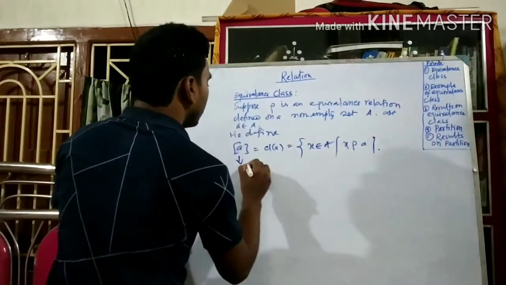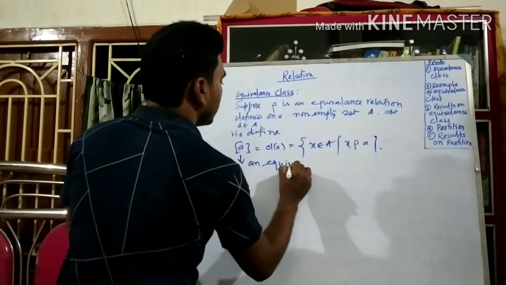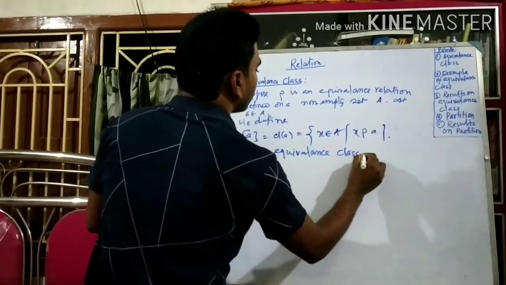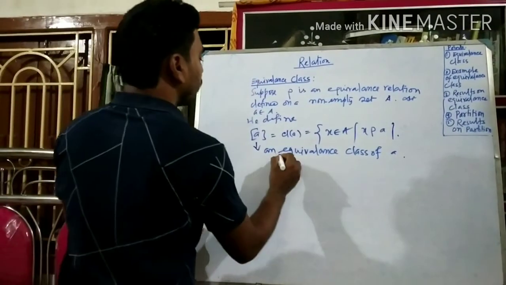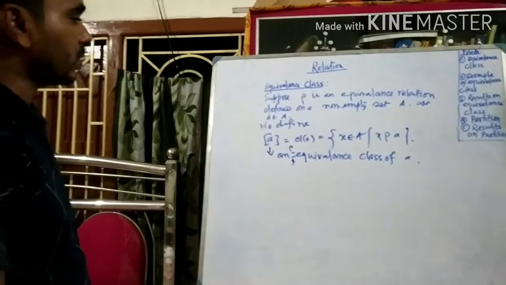This set is called an equivalence class of a, or you can say rho equivalence class of a. Okay.